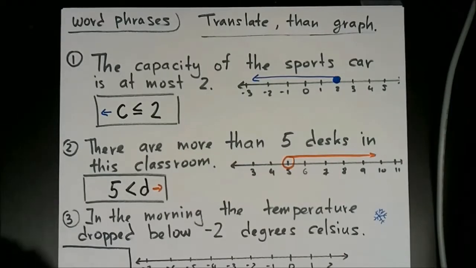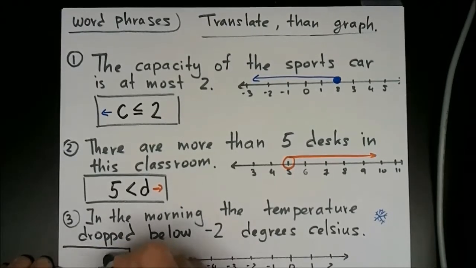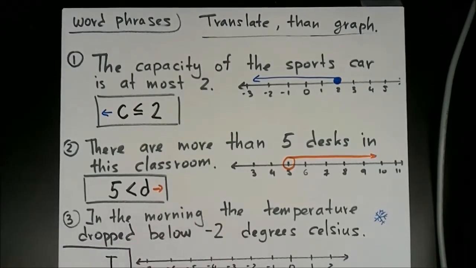So I'm going to choose a variable. T for temperature. Sure, why not? And the sharp part has to point at the variable, like that. Which direction am I going?